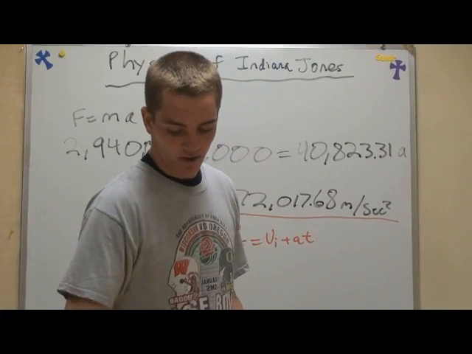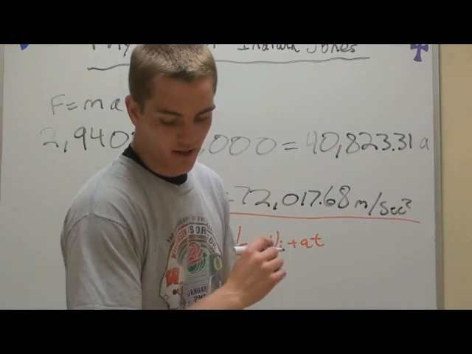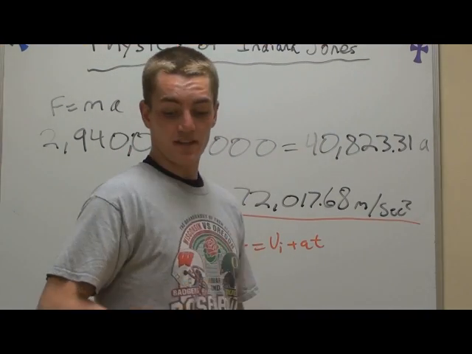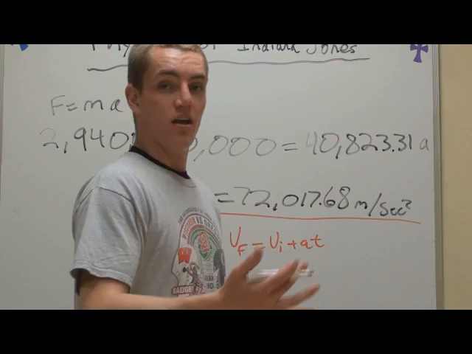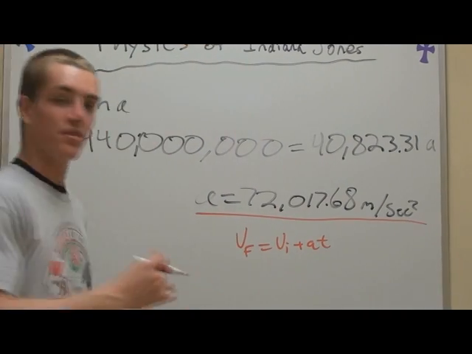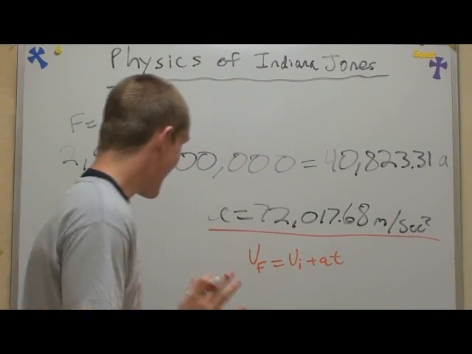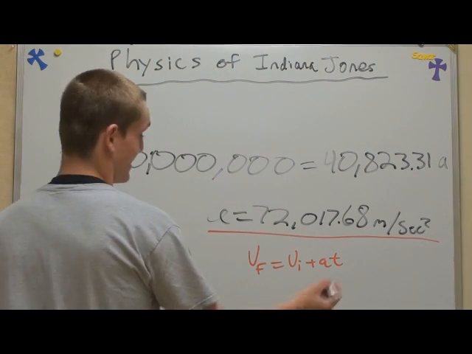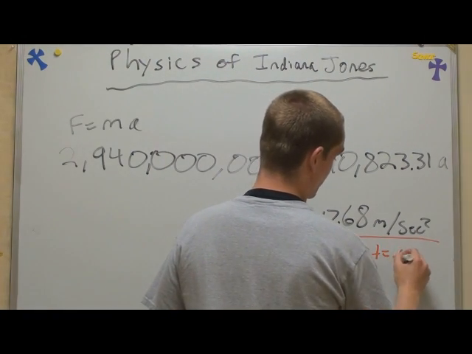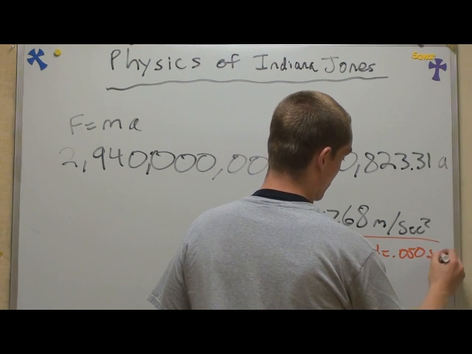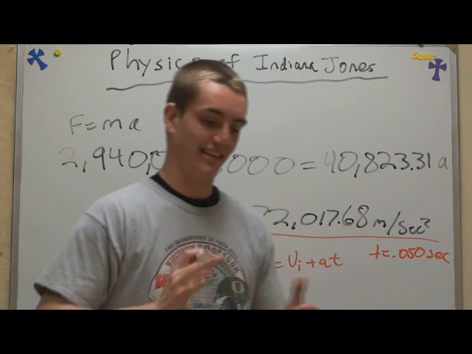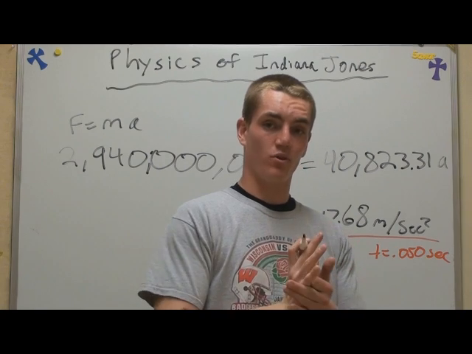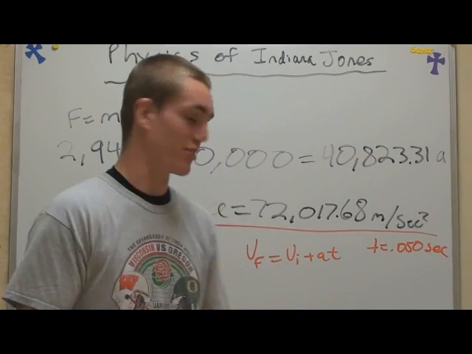To figure this out, we're going to assume that when the plume of the nuclear explosion hits the refrigerator, the contact takes t equals 0.050 seconds. That's how much time the contact between the force of the nuclear explosion and the refrigerator took.